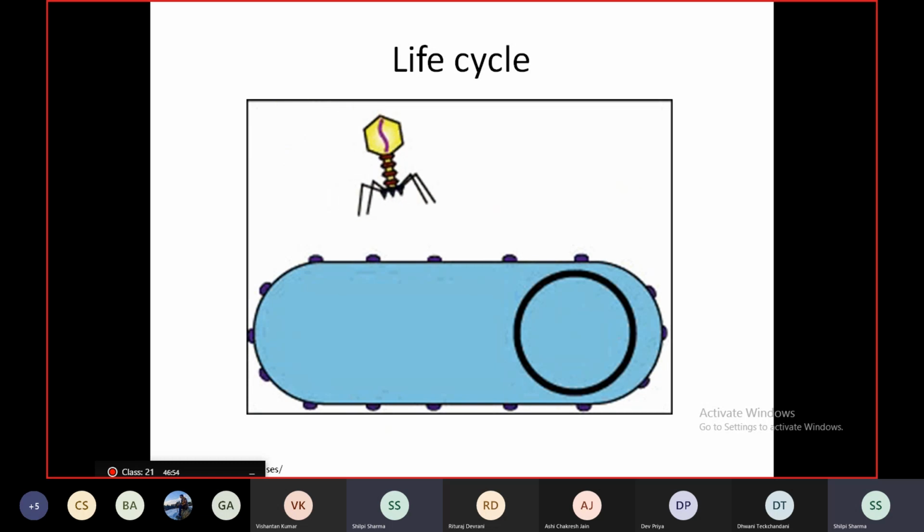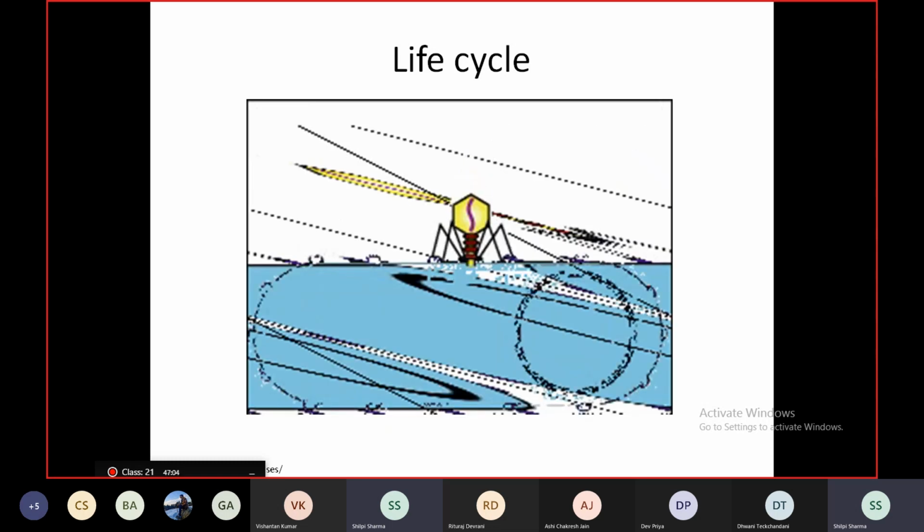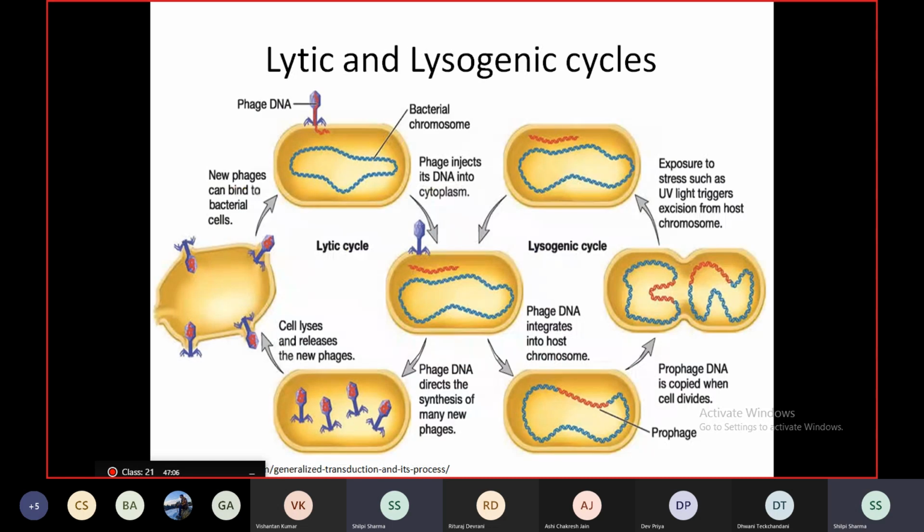So what happens is the host cell is lysed, and hence this kind of life cycle is called the lytic cycle of a bacteriophage, including all these four processes till it lyses. So this is what I tried to show in the animation, wherein the phage injects its DNA into the cytoplasm. The DNA directs the synthesis of new phages. The cell lyses and releases the newer virion particles.